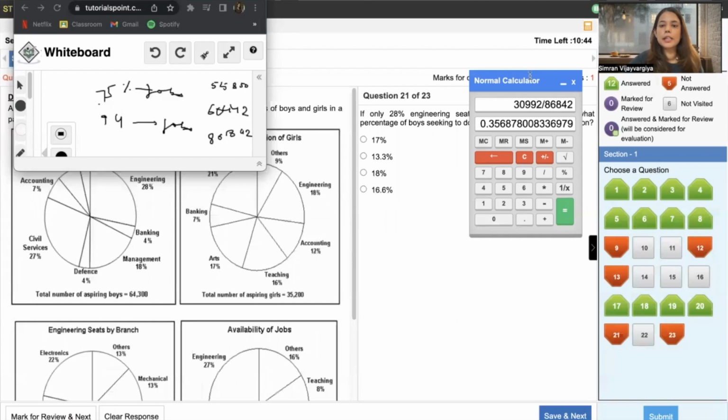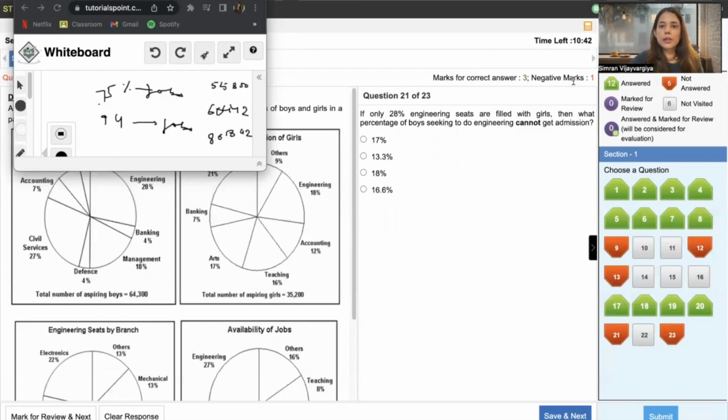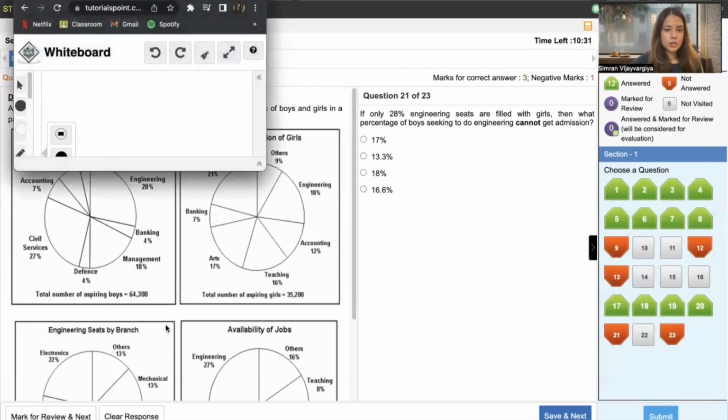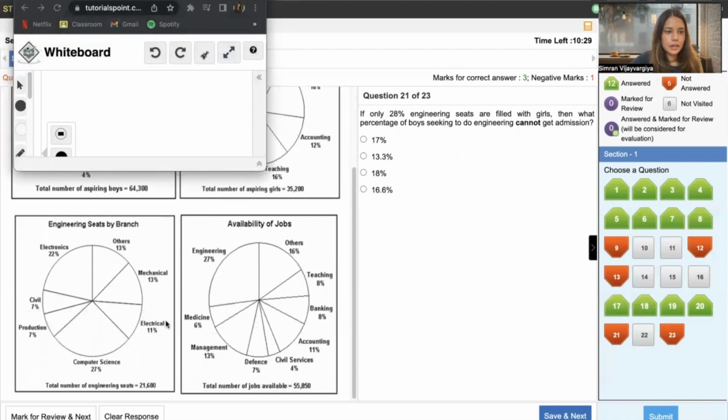If only 28% engineering seats are filled with girls, then what percentage of boys seeking to do engineering cannot get admission? Okay. So how many engineering seats do we have? Engineering seats by branch. Okay, we are not looking branch wise.